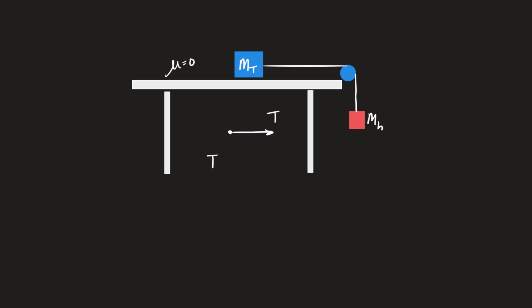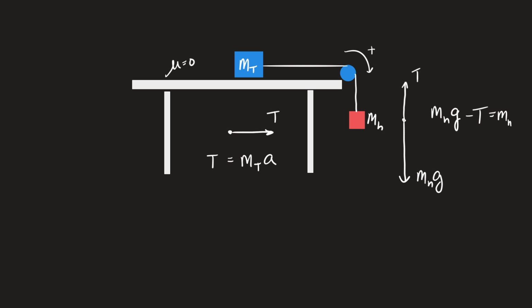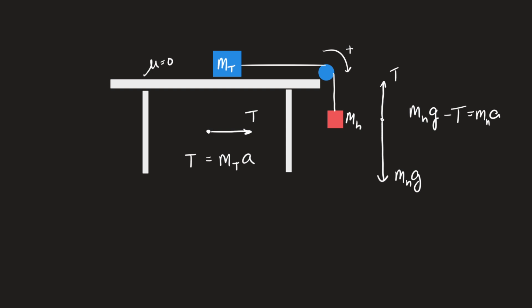So tension equals mass on the table times a. Now the one that's hanging is experiencing weight downwards, m_h g, and tension up. It too is accelerating, and I'm going to make this the positive direction, so m_h g minus T equals what? Yep, m_h times a. I'll put h there to remind me that that's the hanging mass.